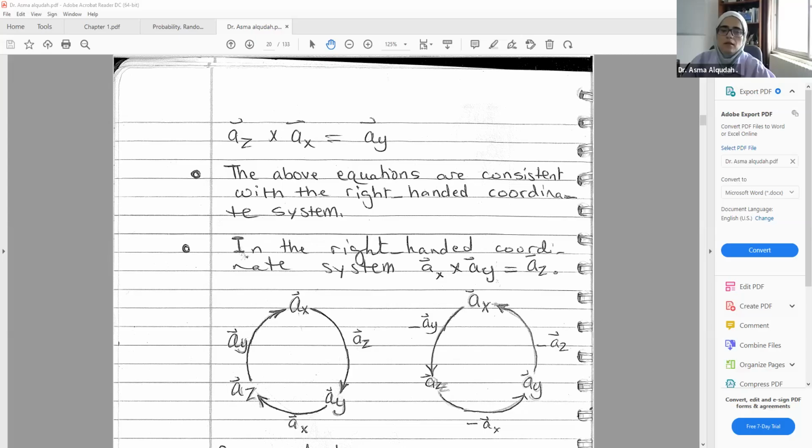Today we continue our recorded lecture and we finish what we started last week about the different kinds of vector multiplications.